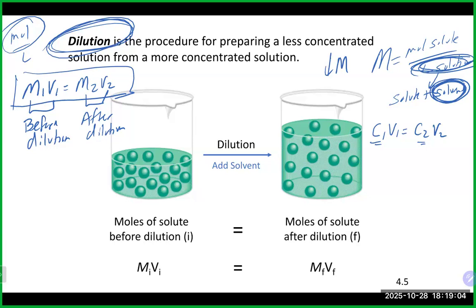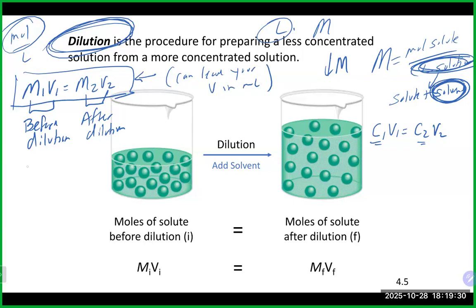The other thing is, as we were talking about earlier, if you are doing some type of calculation with molarity by itself, you definitely want to convert that volume to liters. But if you are using this formula, you can leave your volumes in milliliters, if you like, and it'll just be milliliters on both sides.